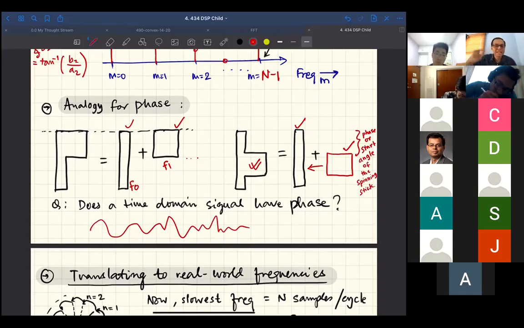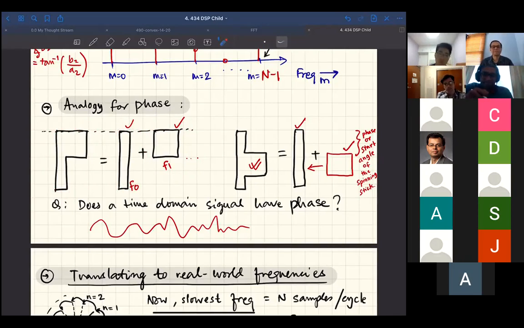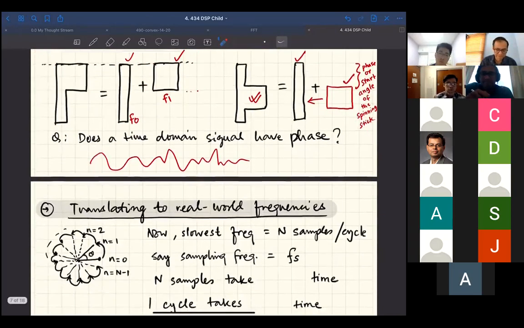So phase is associated to every frequency, and it's useful in making up the signal that you need. In the same way that these building blocks can be moved around to make up the shape that you need. Okay, question so far? Very good.